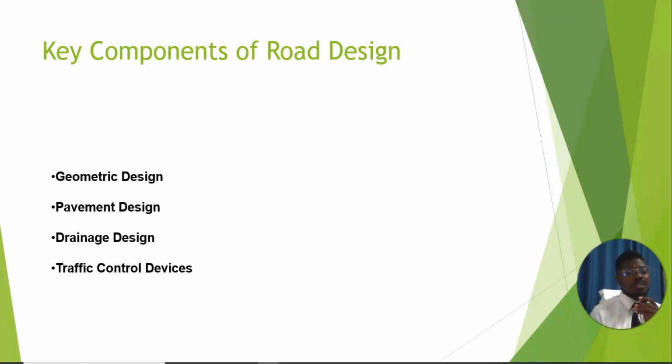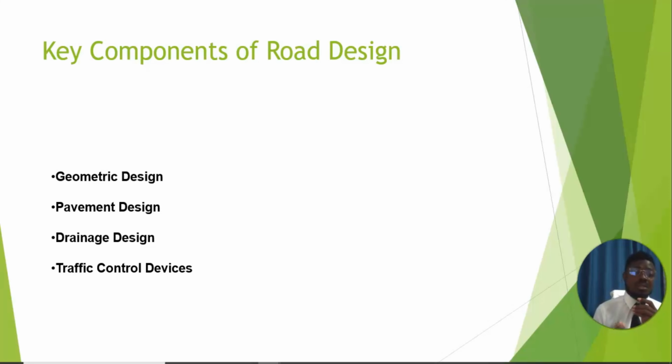And in the pavement design is where we look into the material selection. We also look into the thickness design based on the load and subgrades. The third one is the drainage design, which is preventing water accumulation through proper slopes and drainage systems.